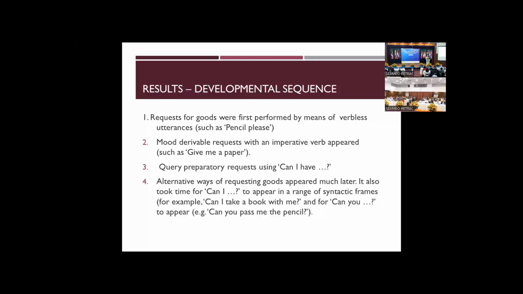But alternative ways of requesting goods appeared only much later, months later. And it also took some time for can I to appear in a range of syntactic frames. Initially, all they could say was, can I have her? Can I have her? Right? But eventually they managed to be able to say, can I take a book with me?